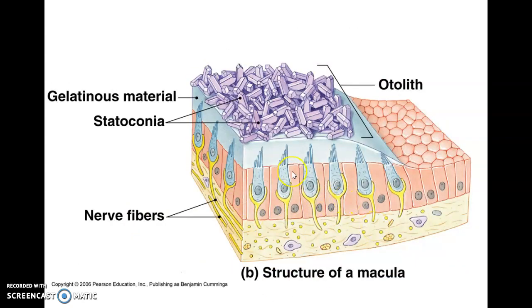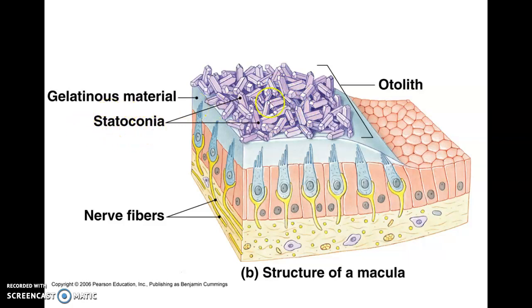Notice that the maculae itself actually has hair cells, similar to what we saw in the organ of Corti. They have stereocilia that are embedded in a gelatinous material. There are support cells around it, and then there are nerve fibers on the hair cells. Now, we have some calcium carbonate granules called otoliths, and together they're called the statoconia.